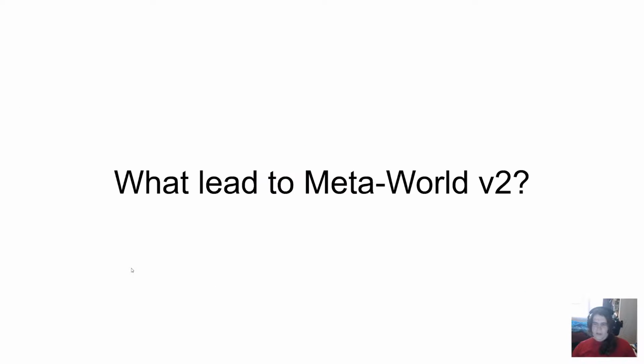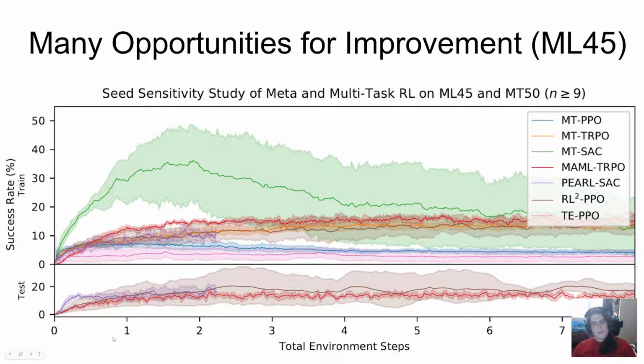And finally, I wanted to get into some of the results that really directly led to the design of MetaWorld v2. Firstly, we were able to run all of the same algorithms that the MetaWorld paper ran, but instead of running them for 1 seed, we were able to run them for at least 9 seeds each. We aimed for 10, but running PEARL on GPU is very challenging, and running PEARL on CPU is very slow.